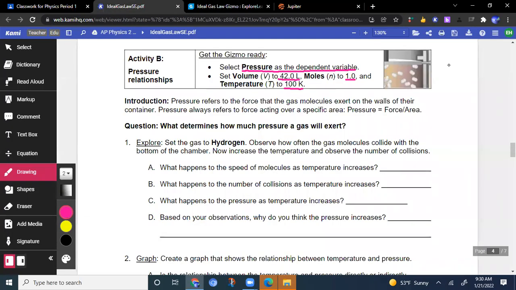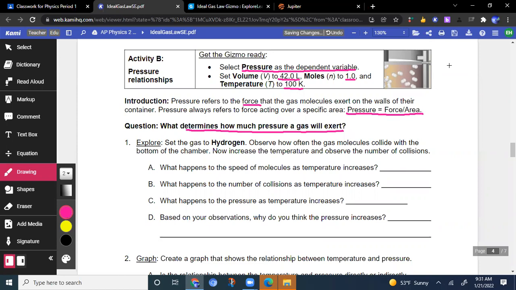It tells us that pressure refers to the amount of force that the gas molecules exert on the walls of their container. Pressure always refers to force acting over a specific area. In fact, the equation for pressure is force divided by the area that it acts on. What determines how much pressure will exert on a gas?